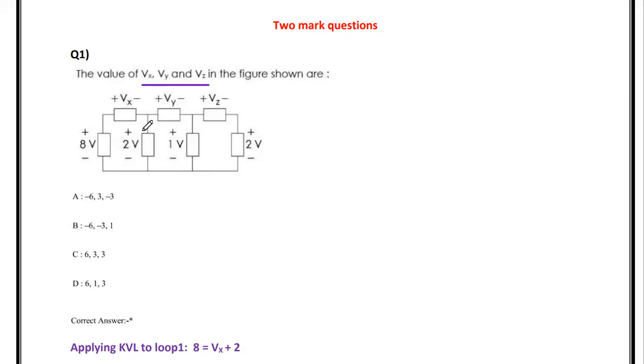Here there are 3 meshes, so you just apply KVL to each mesh. This is the first mesh, the first closed path. What is KVL? In any closed path, the sum of voltage rises is equal to the sum of voltage drops.